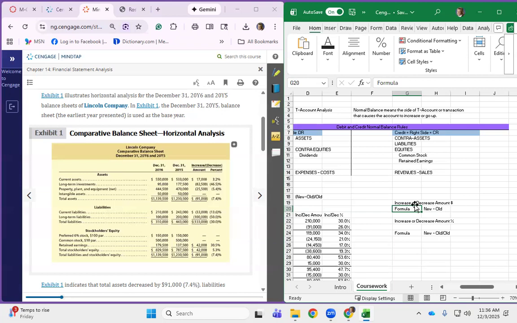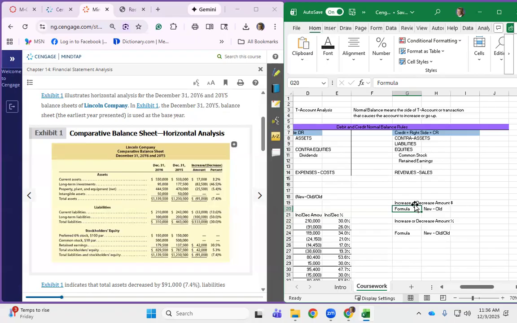Horizontally means side to side. You're analyzing something side to side. So all of these in this balance sheet have been analyzed for an increase or a decrease. We did a little bit of this to get that cash flow statement going. If you haven't, expect to see some of this.